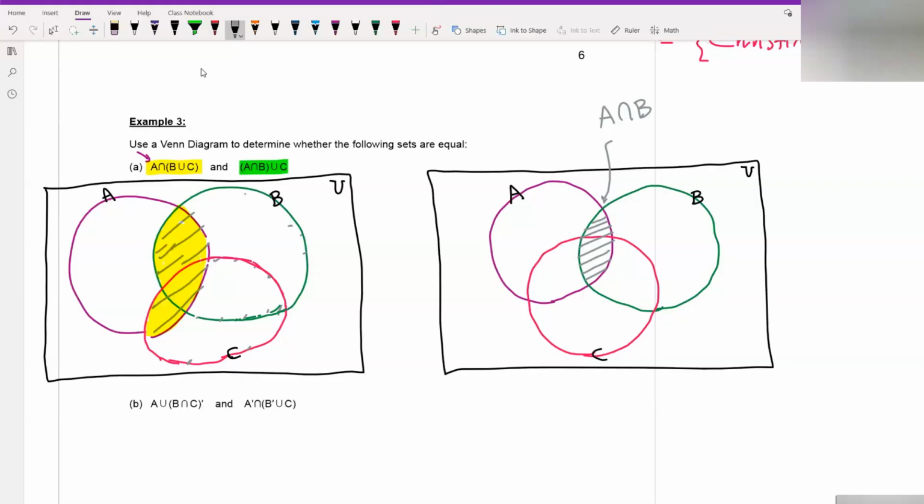Now combine that with what we have in C. So C is the circle in red color. Combining.